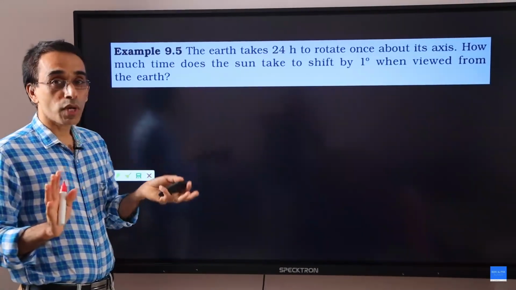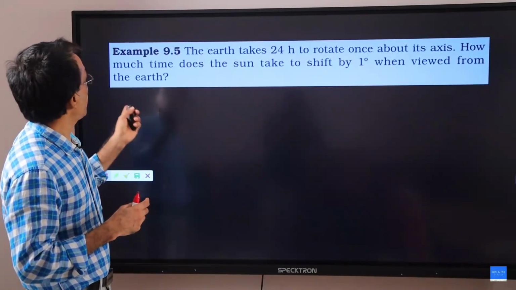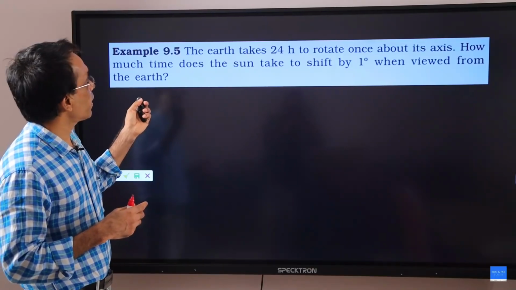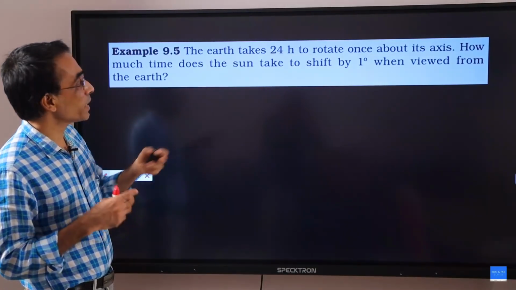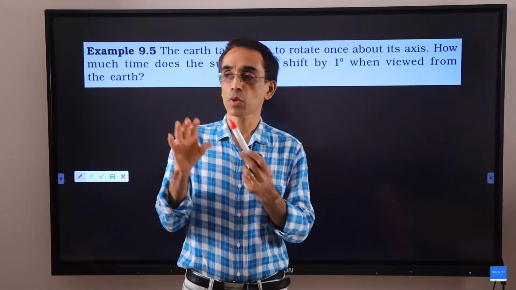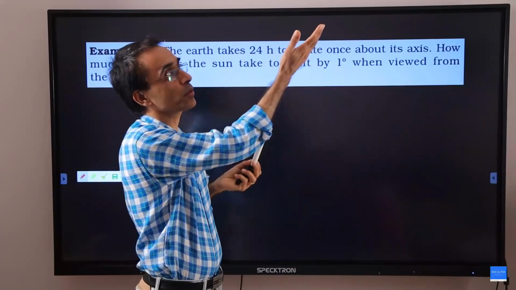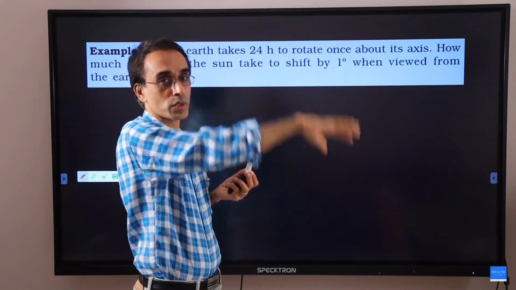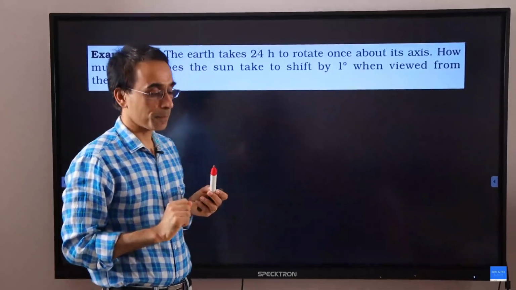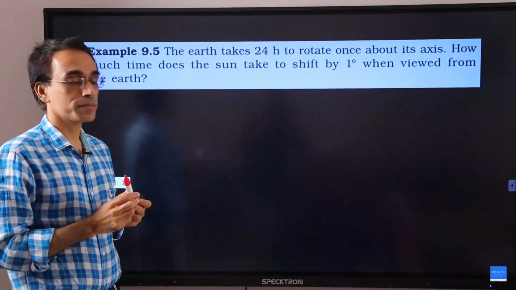Earth takes 24 hours to rotate once about its axis, and what is the time taken by the sun to shift by 1 degree? This is a question. That means when you look at the sun, it is somewhere here. After some time, the position of the sun either goes up or goes down depending on the time of the day. How much time will the sun take to shift by 1 degree?